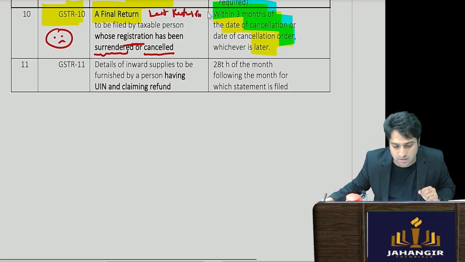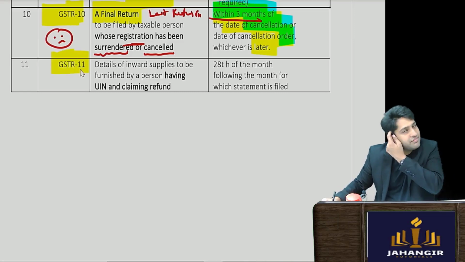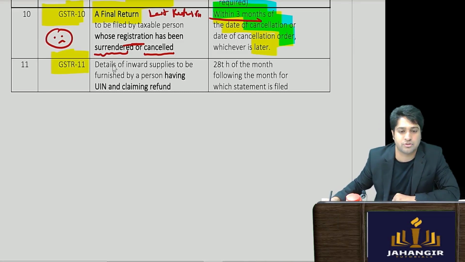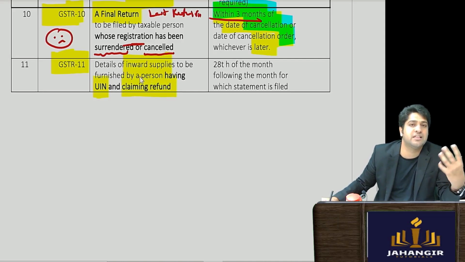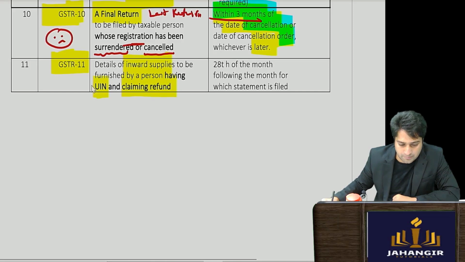So within 3 months. Next, GSTR 11, one of the least important forms, you could say. Details of inward supplies, your purchases, to be furnished by persons having a UIN, unique identification number, and claiming a refund. So this is for those UN agencies, etc. This you can check in the registration topic.